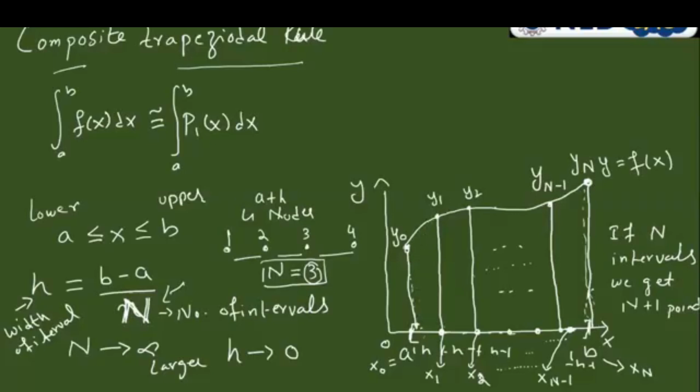In other words, apply the trapezoid rule in each segment. So let me use a different color. Let's use black again. This black color represents application of the trapezoidal rule in individual segments. So you can see there are different lines, and similarly till the last part.